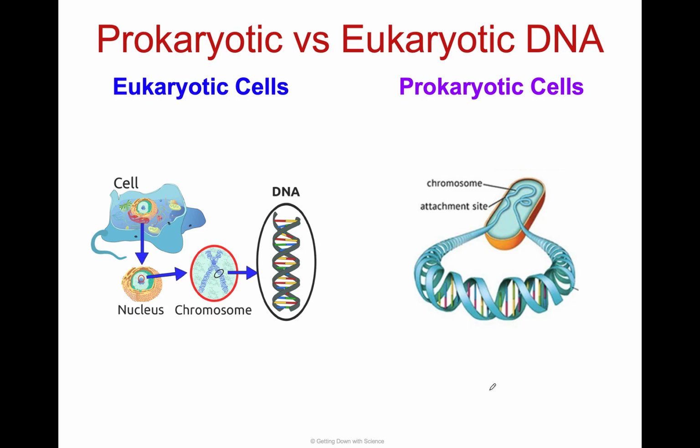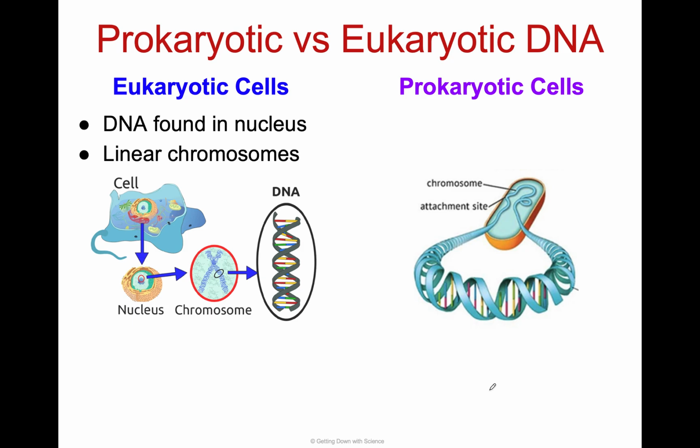Love this prokaryotic versus eukaryotic DNA. I actually just went through this with my biomed class. Eukaryotic cells, as we know, are more complicated as opposed to prokaryotic cells. Eukaryotic cells are larger. They have membrane-bound nuclei, whereas prokaryotic cells don't. Let's bring our brains back to where those comparisons are right now.